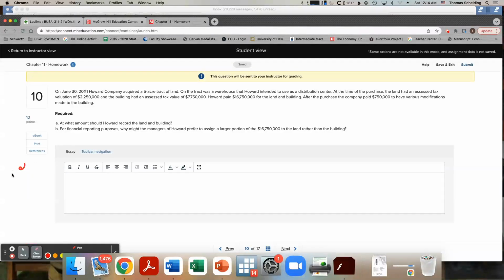Okay. So for the land, what we need to do here is consider the fact that the modification was only made to the building, and that the person paid the $16,750,000 for the combined land and building.